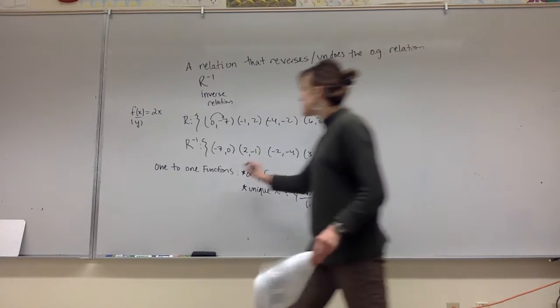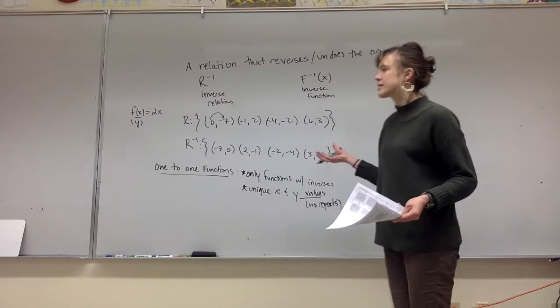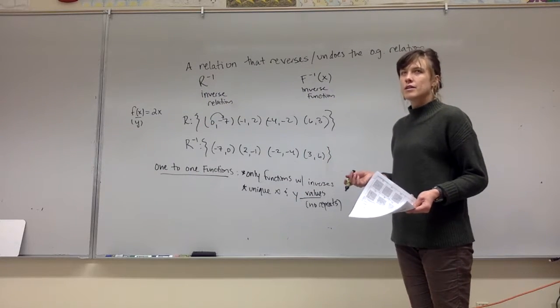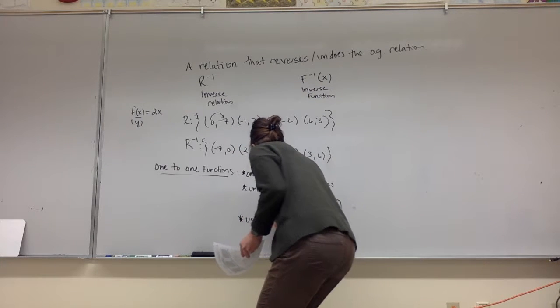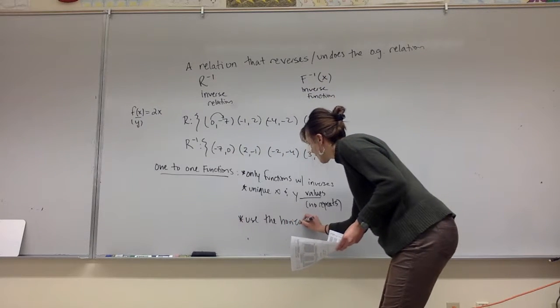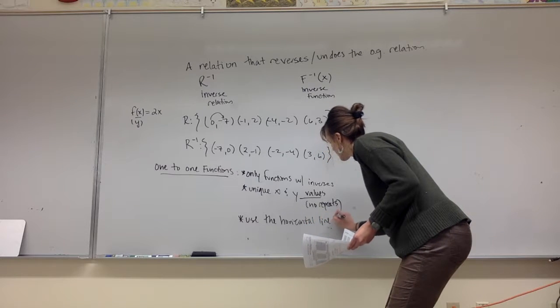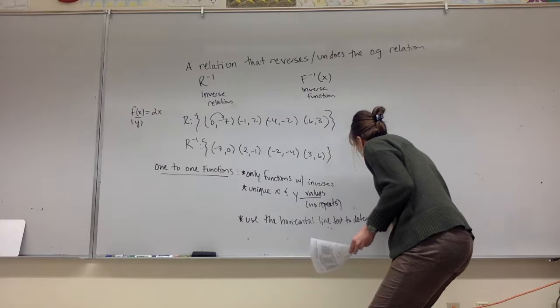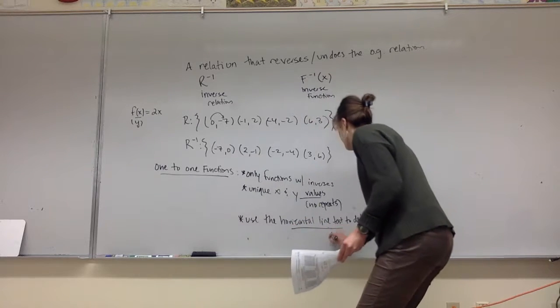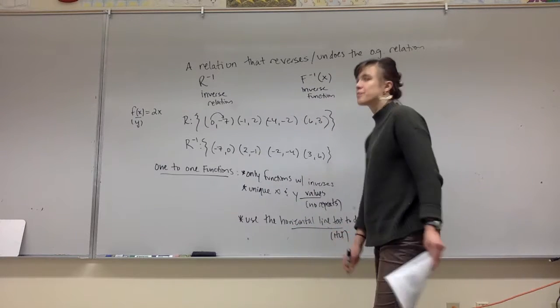And what is the test we use to discover if it's a one-to-one? The horizontal line test. So we use the horizontal line test to determine. And why would we use that? What does the horizontal line test for?